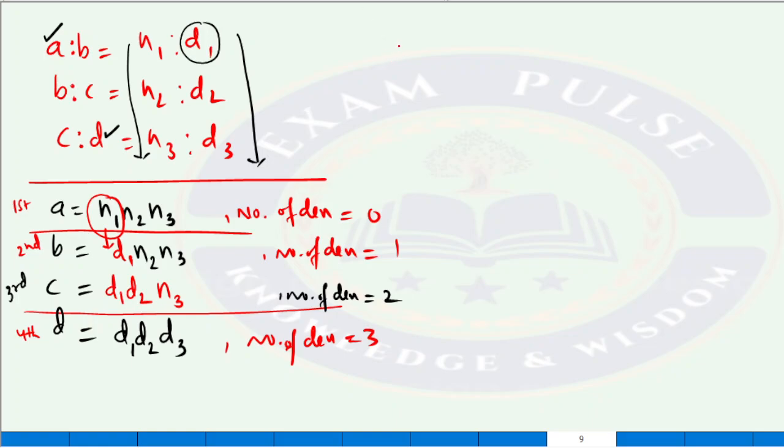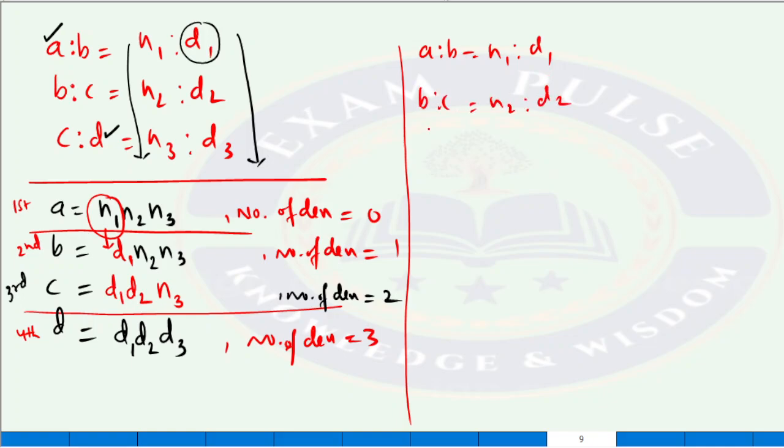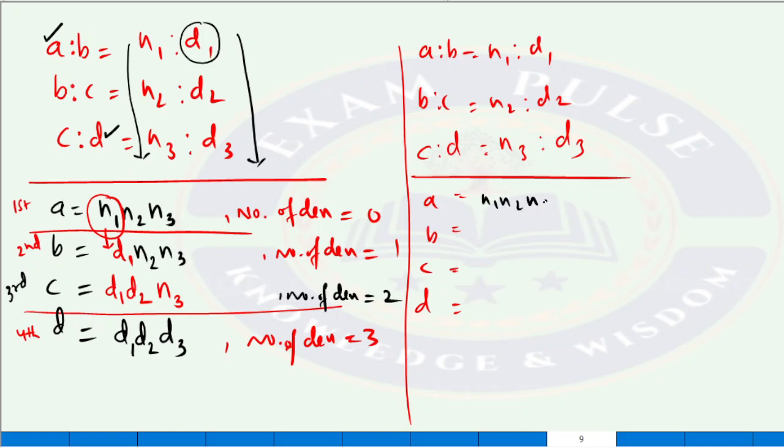And directly, or I can say graphically, how we can remember it. See, I'll be writing it again. A is to B, n1 d1, B is to C, n2 d2, C is to D, n3 d3. What is A, B, C, D? Okay, now let us work out. First one means all first product, that is n1, n2, n3.